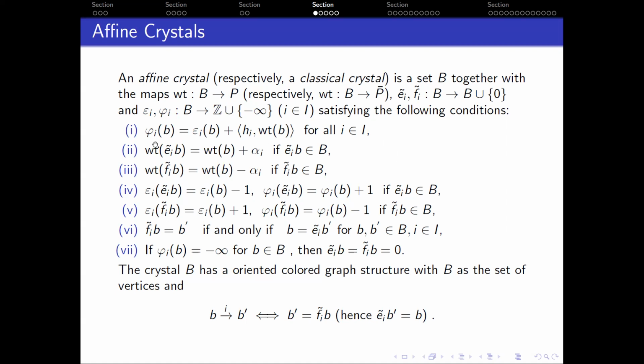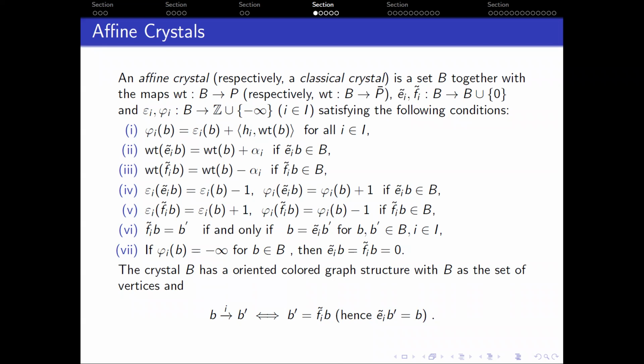Anyway, the important condition that I want to highlight here is f_i tilde b is b prime if and only if b is e_i tilde b prime. So, these Kashiwara operators, as long as the image is non-zero, are kind of invertible. This does not happen with the Chevalley generators. That's important.